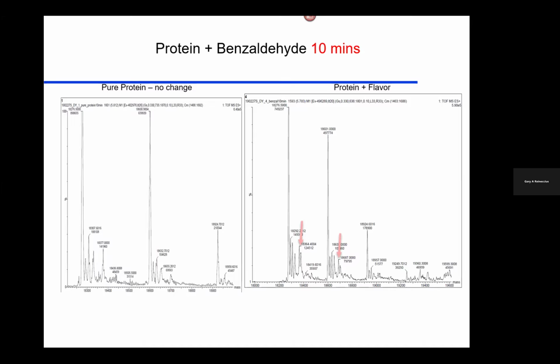So 10 minutes later, this was time 0. 10 minutes later, we take that same protein benzaldehyde solution, and this is at the flavor concentration level, so parts per million of benzaldehyde. And all of a sudden the peak starts showing up. And that is the mass of the protein plus the mass of benzaldehyde. So you're looking at the molecular weight of that reaction product. And so that's only 10 minutes after this, you start losing the cherry flavor from the product.